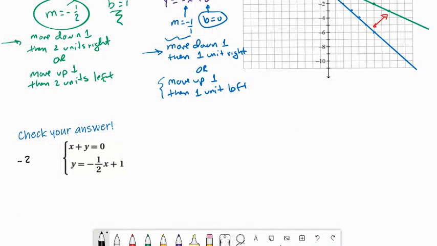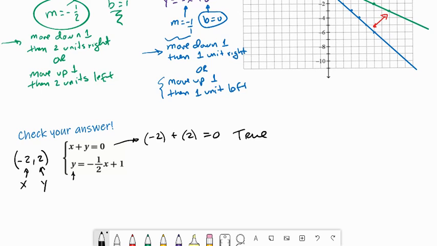I'm going to plug -2, 2 into the system. Anywhere there is an x, I'll plug -2. Anywhere there is a y, I will plug 2. We see that this first equation becomes -2 plus 2 equals 0. This is true.